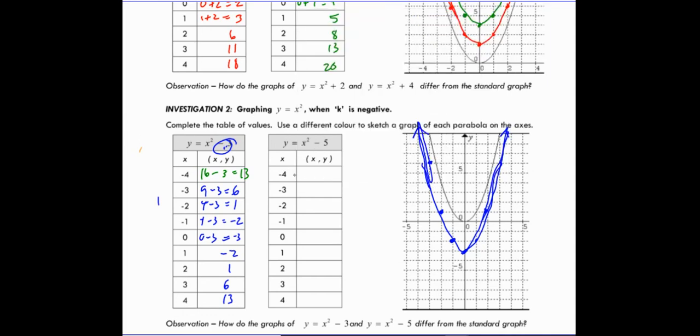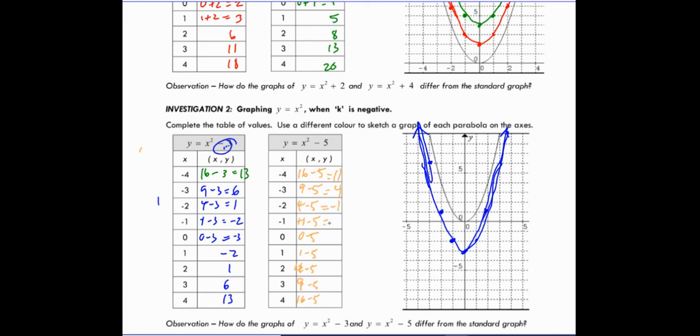So 16 minus 5. I'm just going to fill these in, because these numbers are going to stay the same. Okay, so 16 minus 5 is 11. 9 minus 5 is 4.